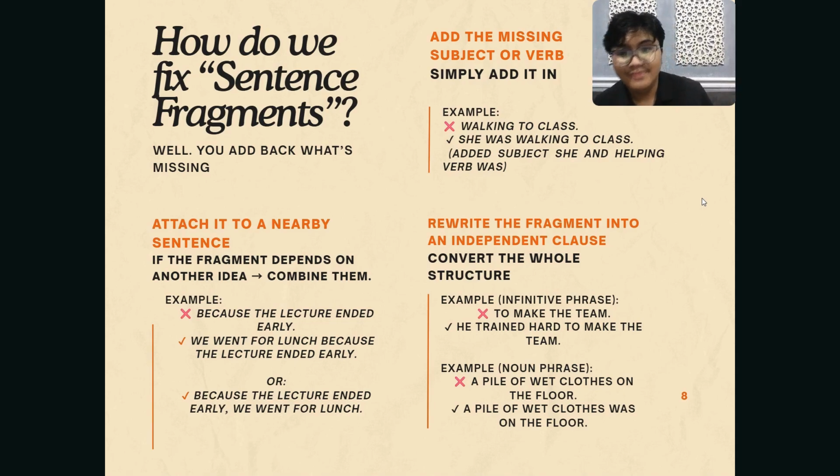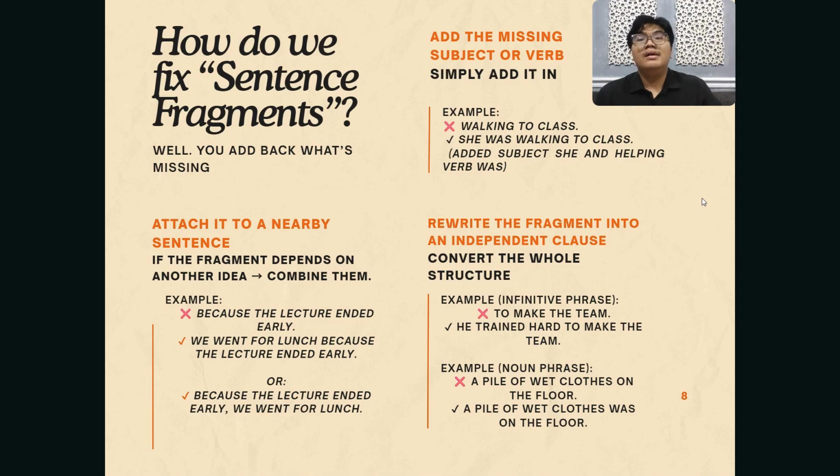Simple enough, right? If you don't want to simply add something in, you can also attach it to a nearby sentence. If a fragment depends on another idea, combine them. If another idea already exists, just squish them in. So, for example, because the lecture ended early. Does it cause something?